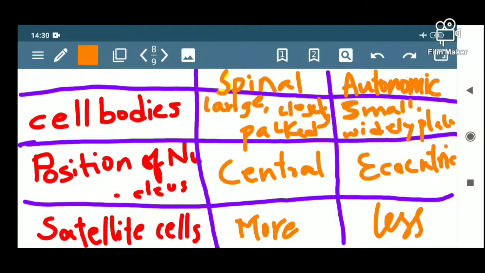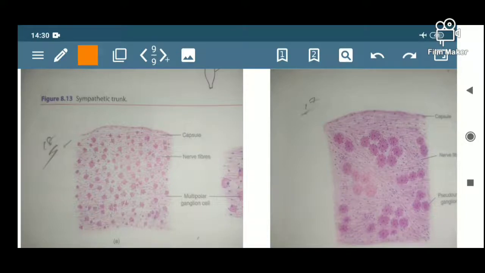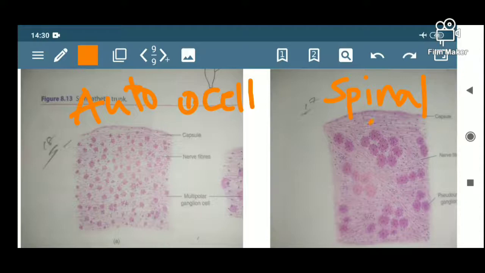So we can find some differences between the spinal and autonomic ganglion. We should discuss briefly. First, the differences in cell bodies. This is spinal ganglion and this is autonomic ganglion. The cell bodies of spinal ganglion are large and closely packed. Whereas in autonomic ganglion, they are very small and widely placed, not in groups.